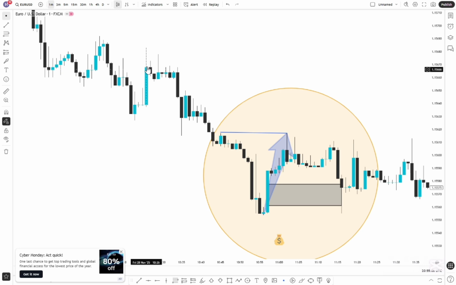So once the bullish market rallies up, and if you take a look at this candle, the bullish market could not break this key. This is the key. The bullish market could not break this key.